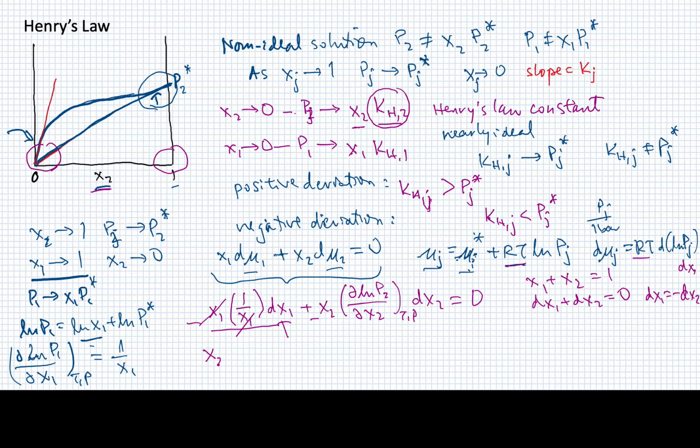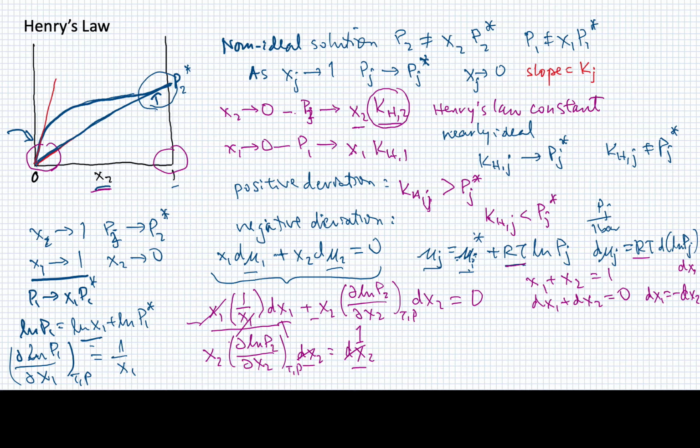So I'll end up with dx2 times this differential, d log P2 dx2, at constant temperature and pressure, equal to dx2. This is the same on both sides, so I can basically turn this into 1 over here.